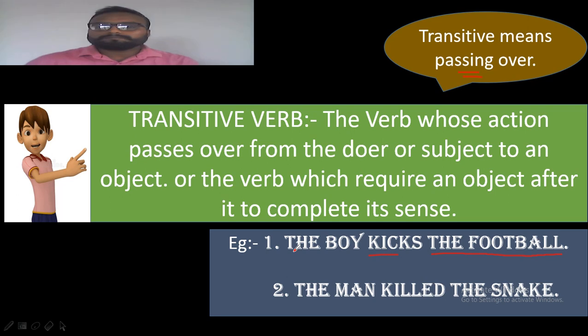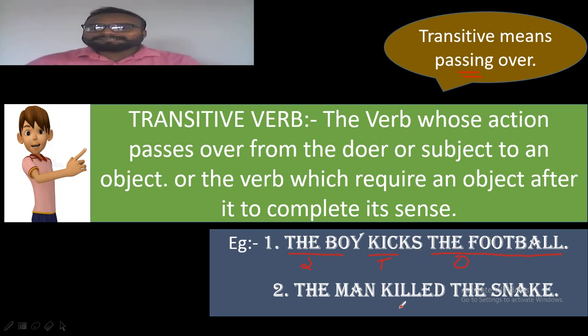So the football is the object, the boy is the subject, and kicks is a transitive verb. I also gave you one trick, that you frame a question with the interrogative word what. What does the boy kick? The answer is the football. Whatever we get as the answer is the object.